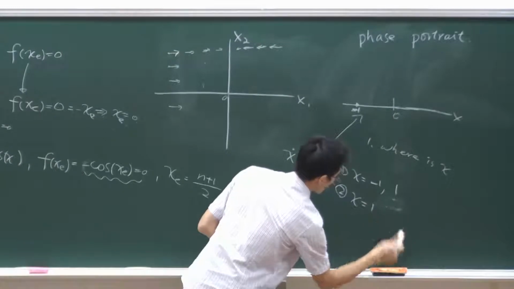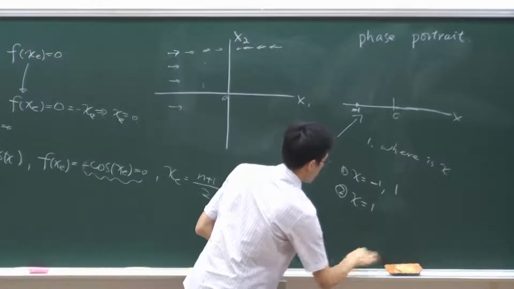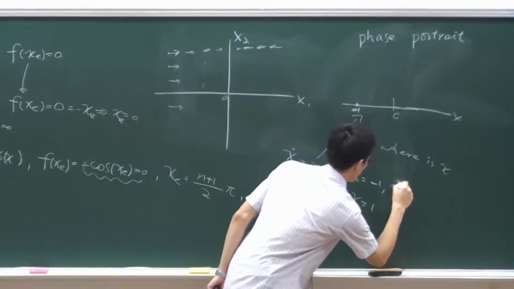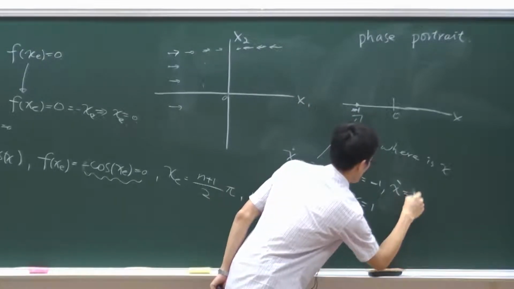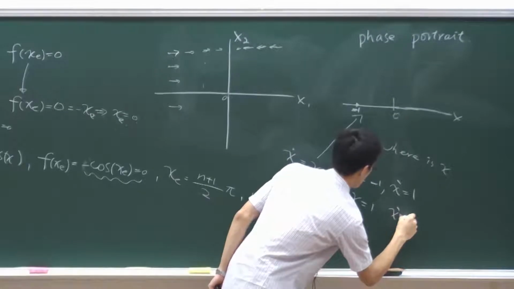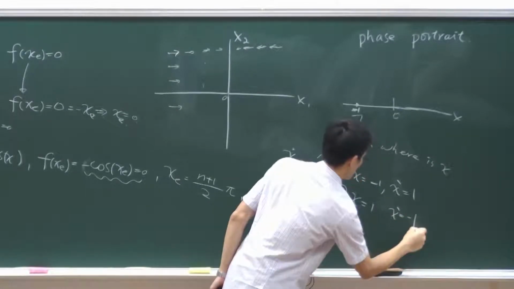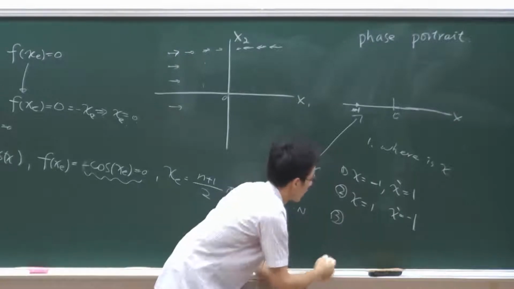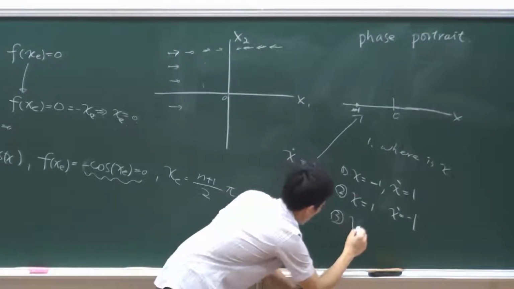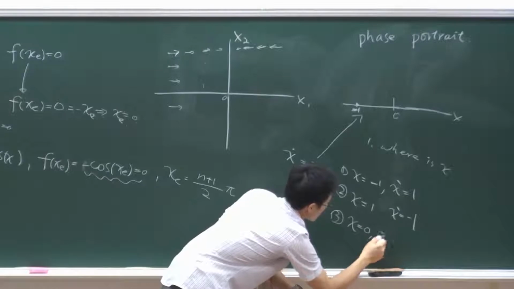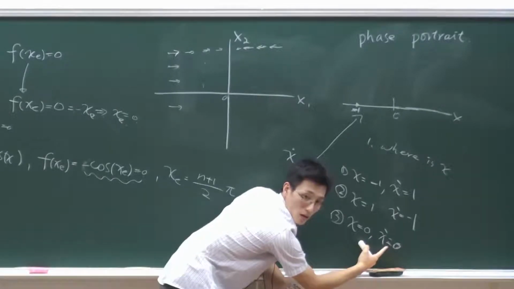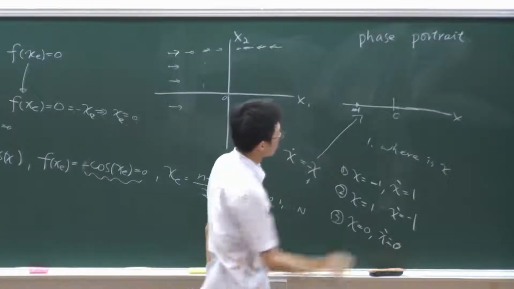How about x is 1? And where's the equilibrium point? x equal to 0, x dot will be 0. And this is the equilibrium point, right? x dot is 0, so the equilibrium point is here.